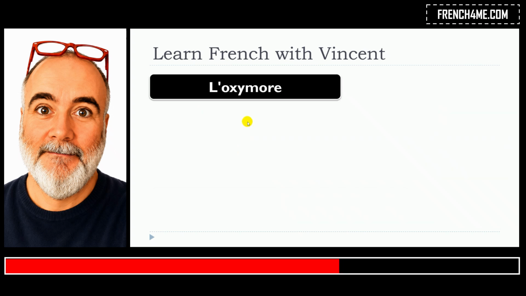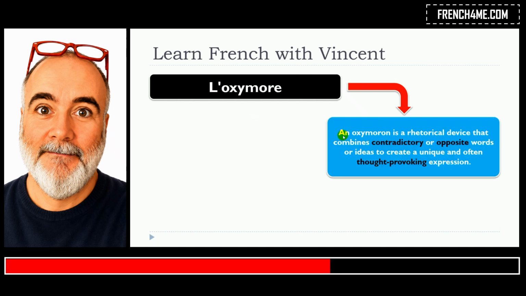So, this lesson is about l'oxymore. An oxymoron is a rhetorical device that combines contradictory or opposite words or ideas to create a unique and often thought-provoking expression.